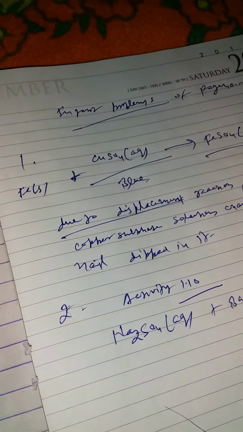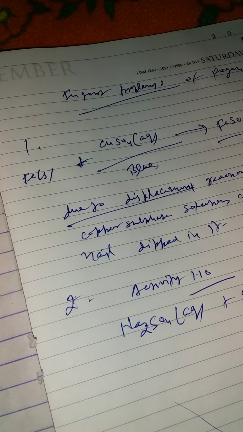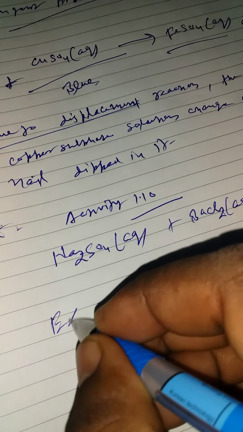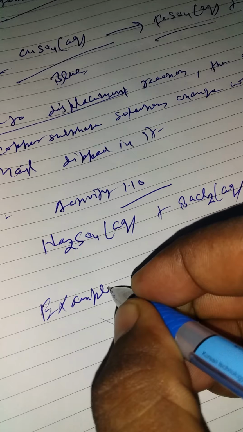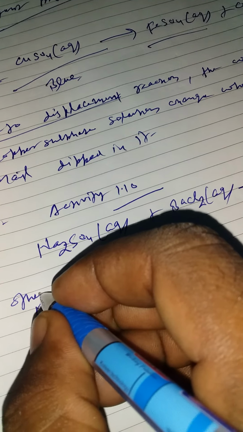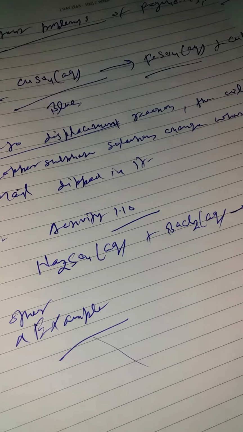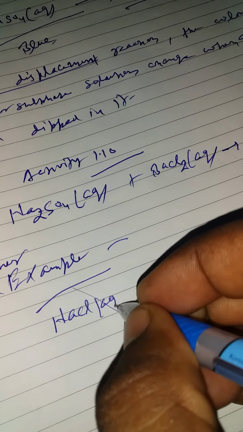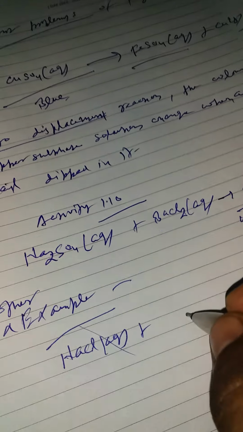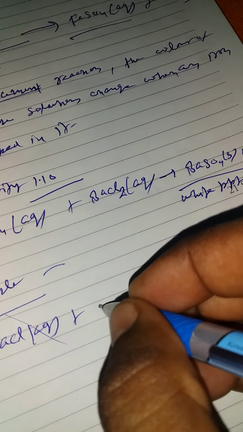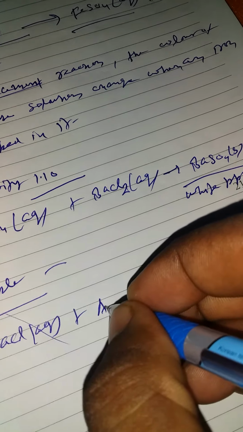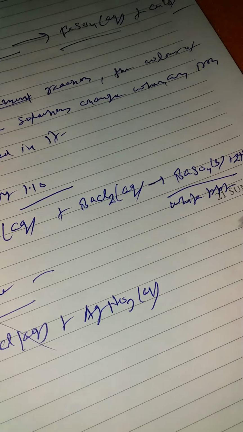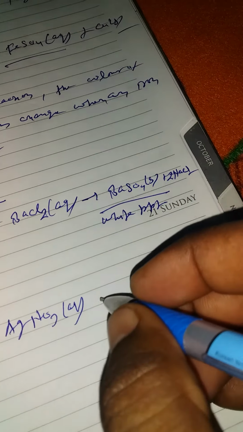We have to write another example. So for another example, we take NaCl aqueous in one test tube and AgNO3 aqueous in another test tube.